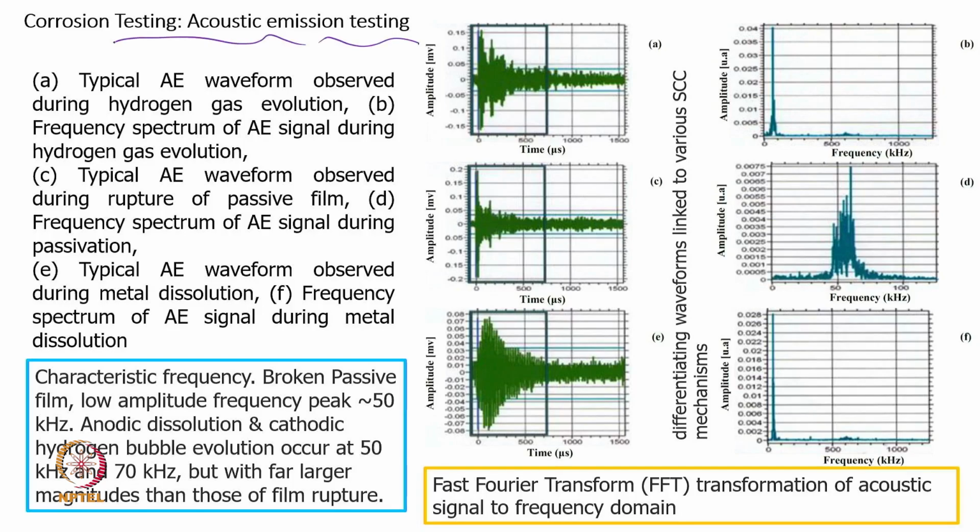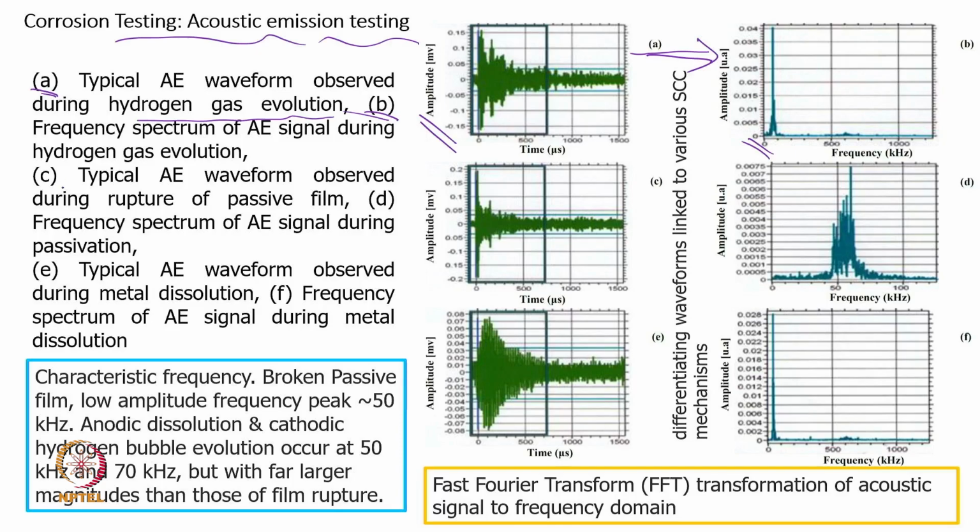You can see here one signal, the time domain signal, that has been converted using FFT to the frequency domain signal, and that is coming around 10 kilohertz. Then A and B are the diagrams related to hydrogen gas evolution. This paper indicates that for hydrogen gas evolution there will be a separate AE waveform, and the time waveform and the frequency waveform have both been shown.